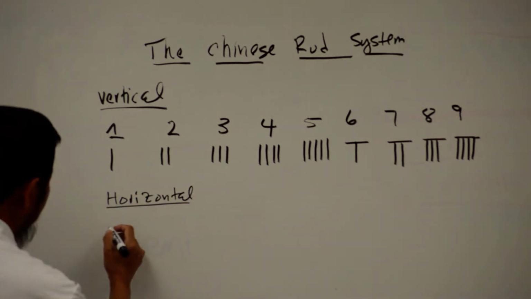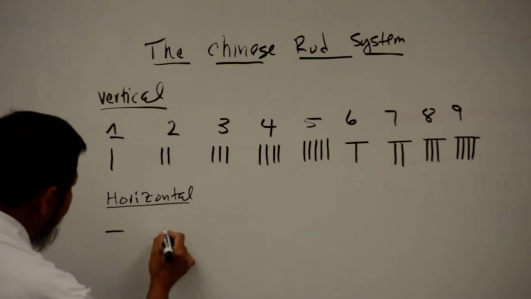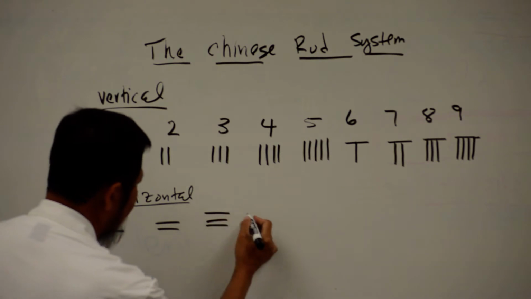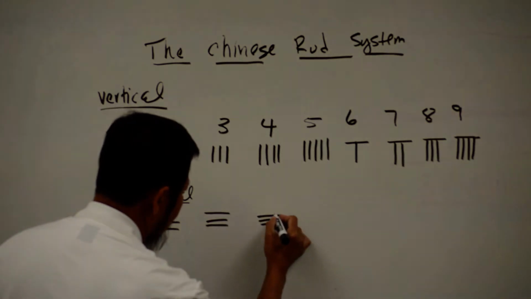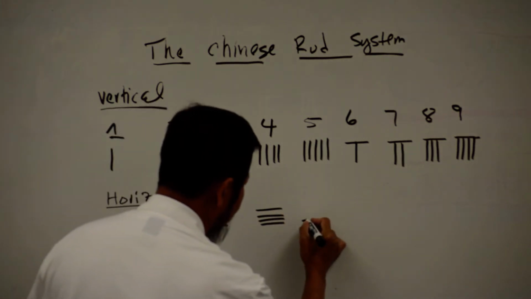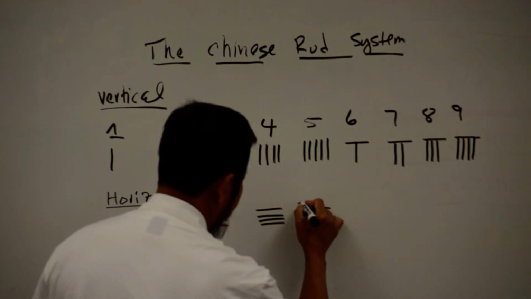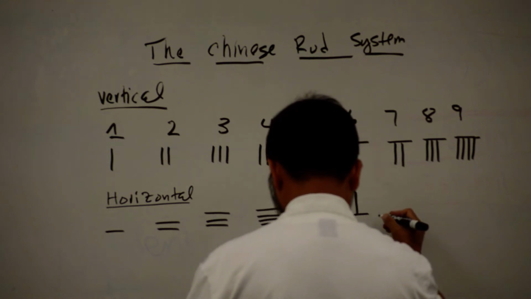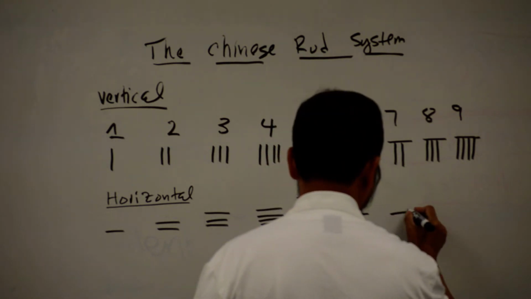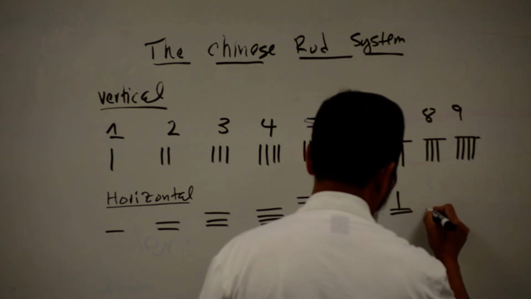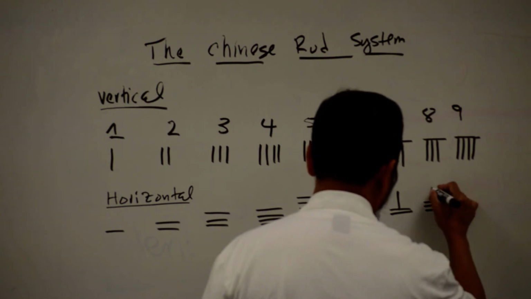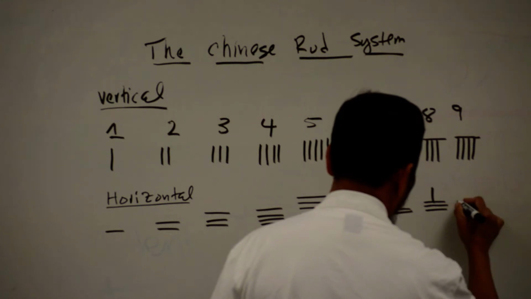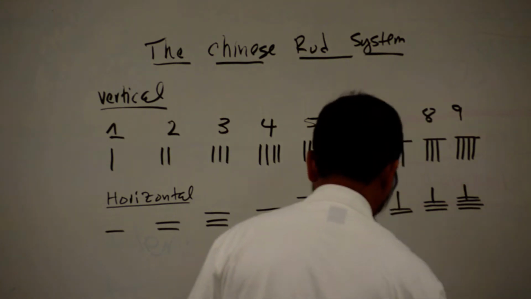Then we have horizontal 1, 2, 3, 4, 5, 6, 7, 8, 9. Okay.